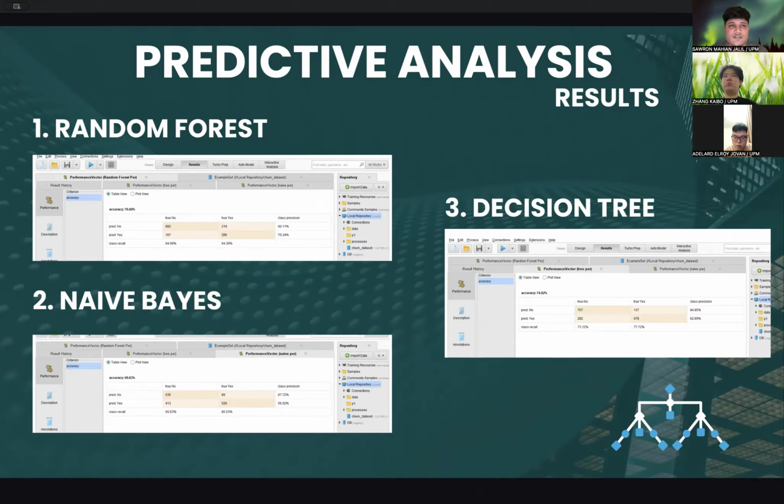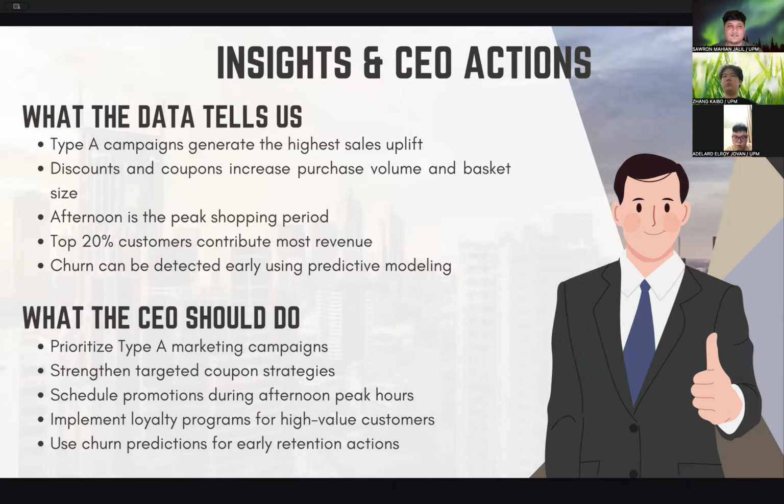Naive Bayes was considered the most suitable model for churn prediction. This allows the business to detect potential churners more effectively and take early retention actions. Moving on to the next slide.